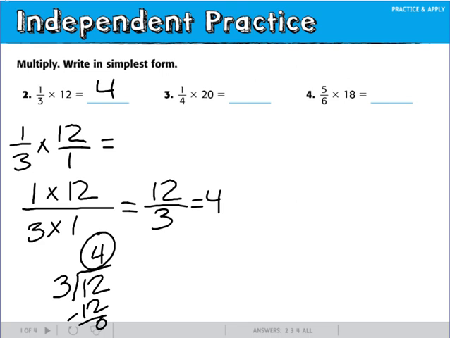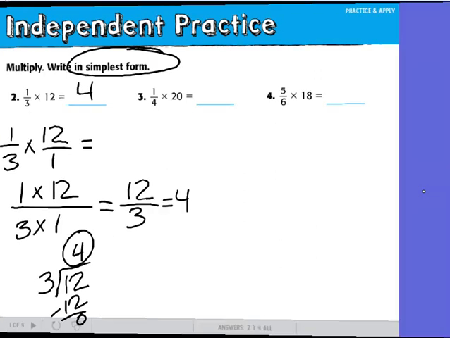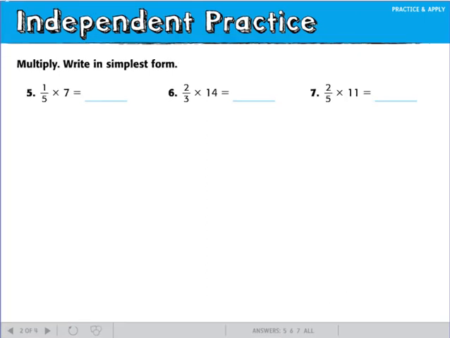Remember, working with fractions, simplest form. The whole number is simplest form. Okay. All right, 3 and 4, more of the same. All right, 4, you're going to end up with a pretty big number, so you're going to have to be patient. Okay.